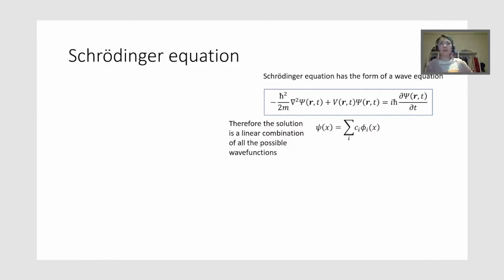And then they must have wave solutions, what are called wave functions. The derivation led us to know that the solutions would be a linear combination or superposition of all of the possible wave functions. So very rigorously, you can derive this result.